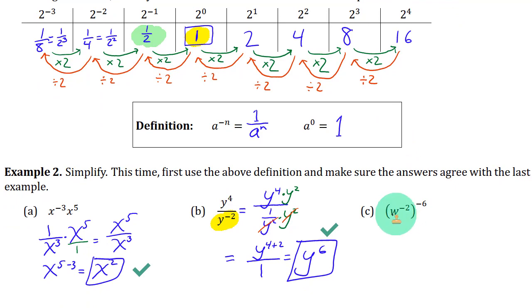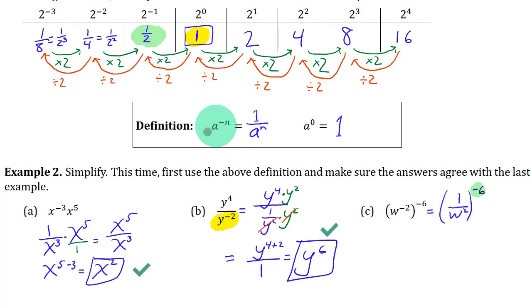All right, so now w to the power negative 2, and then that to the power negative 6. Well, let's see. I'll start with the w to the power negative 2. I'm going to write that as 1 over w to the power positive 2, which is what this rule says. And then that's now to the power negative 6. And then what do I do with this negative 6 exponent? Well, I'm going to still use this rule again.